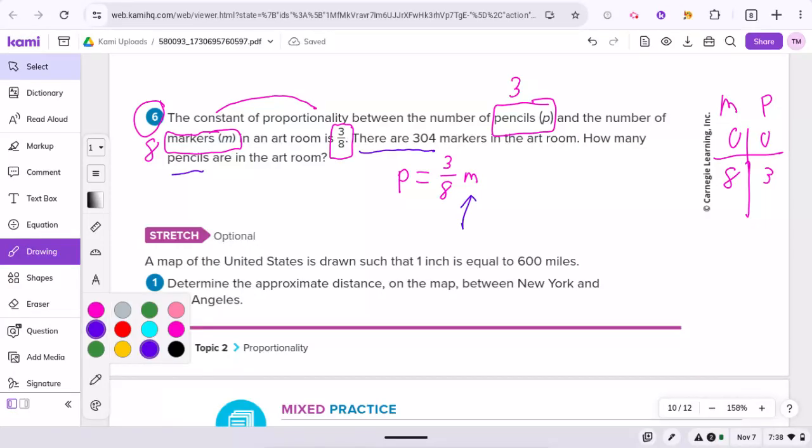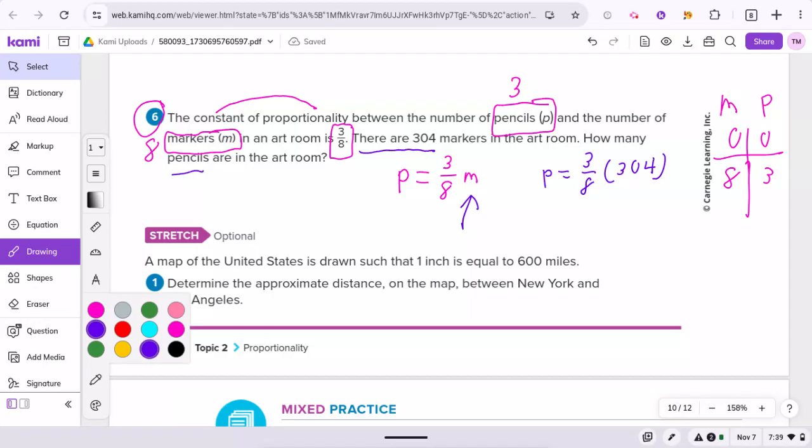So it's giving us the letter M for markers. So P equals the proportionality of 3 over 8 times the number of markers. I'll use parentheses, 304.